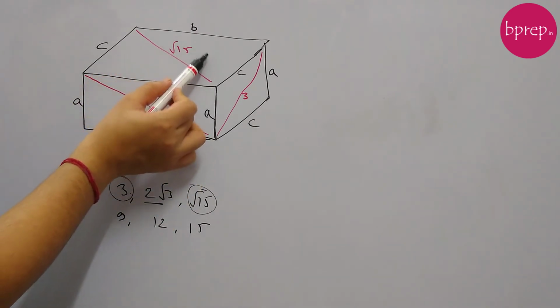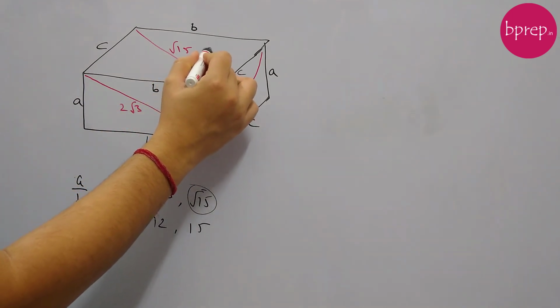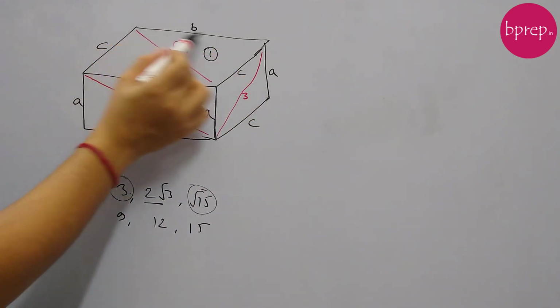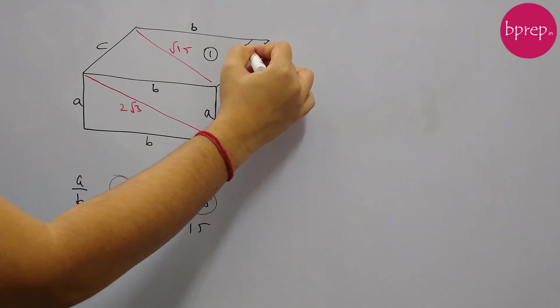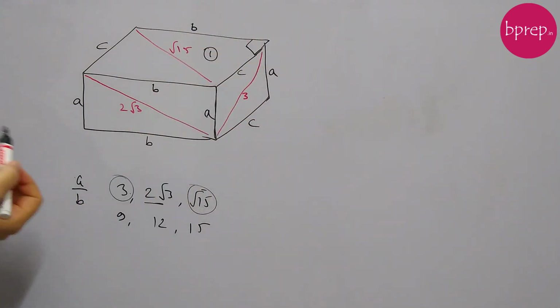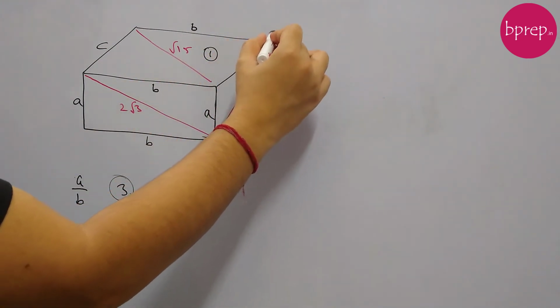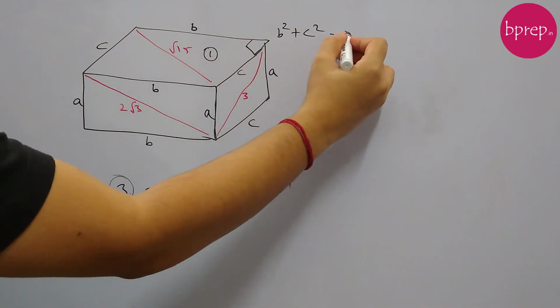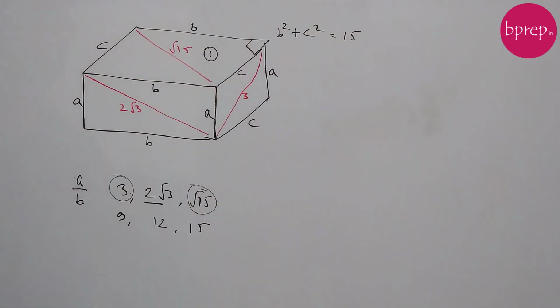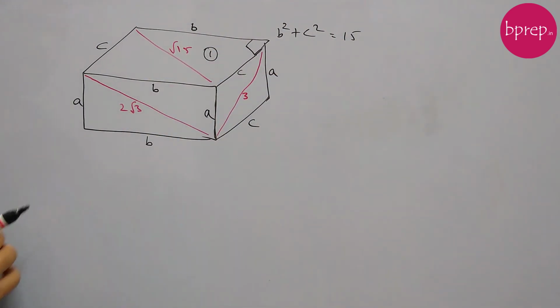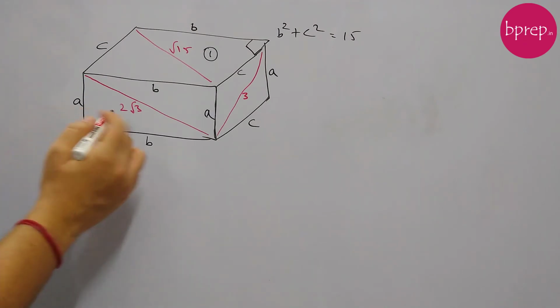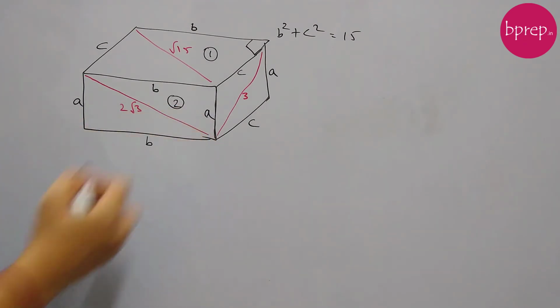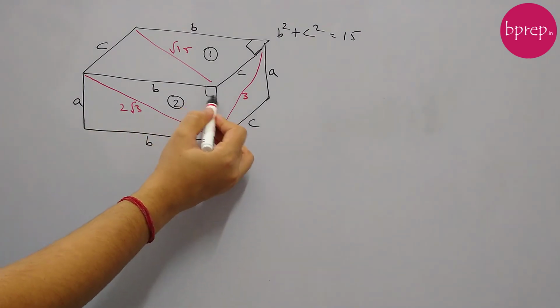So let's see here in this triangle, triangle number 1 I'll say. We have 2 sides, b square, c square, and this angle is 90 degrees. So using Pythagoras theorem, from here we can write b square plus c square will be √15 square, which will be 15. Okay, let's remove this now. From the second triangle, again this angle is 90 degrees.